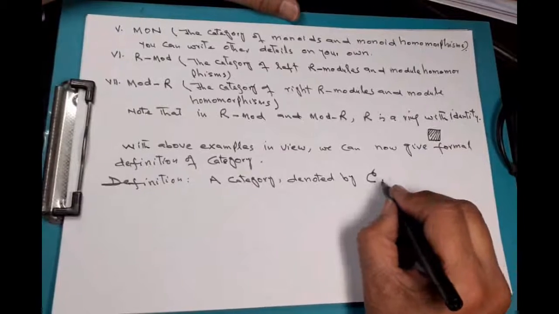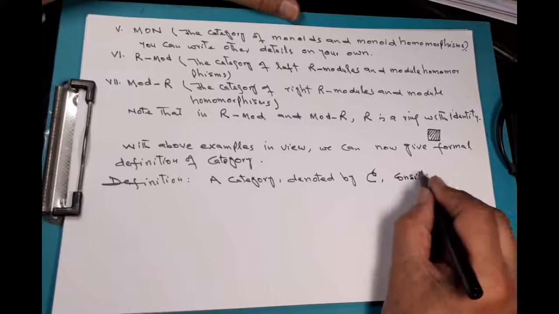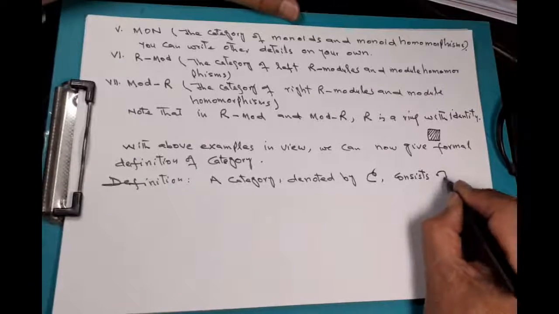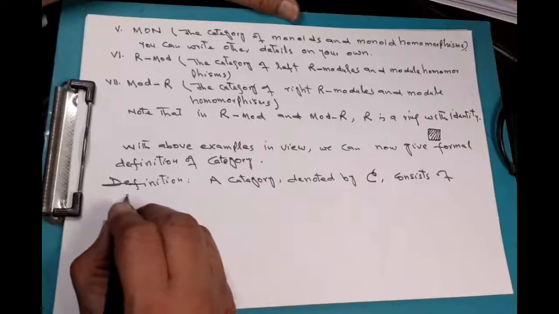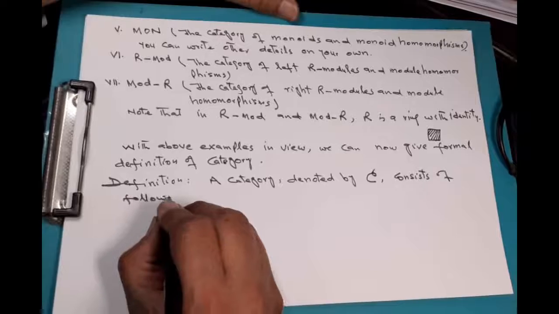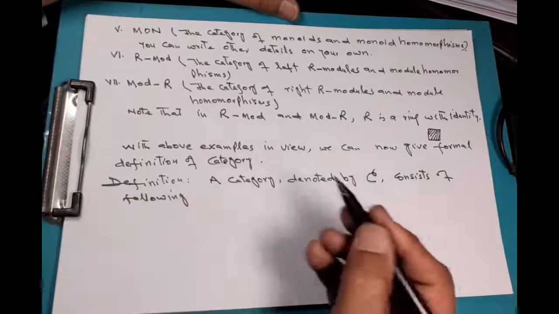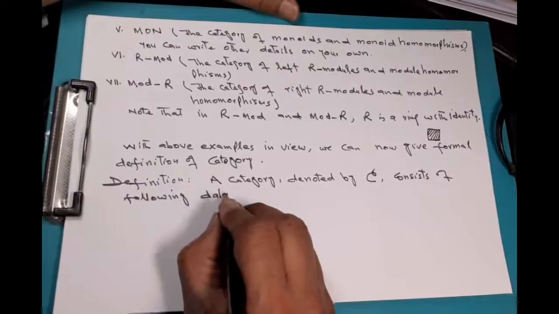So a category denoted by C consists of following data. Data is not very good word, but anyway, it is okay for us in mathematics.